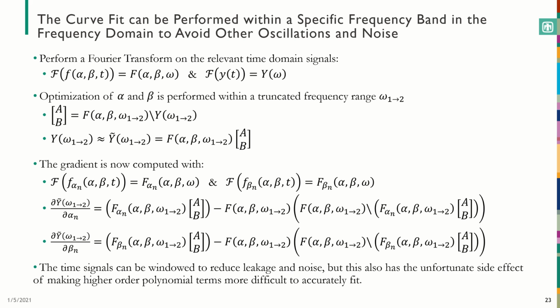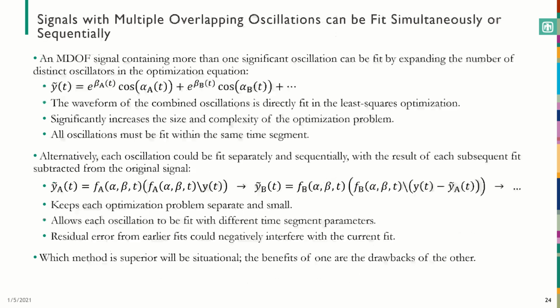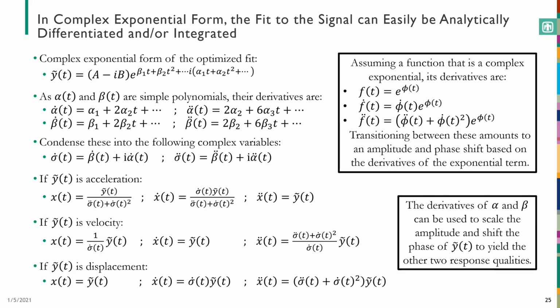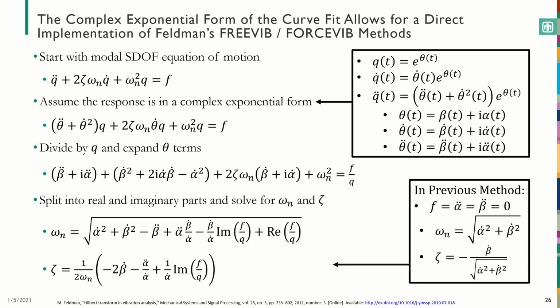This is a bit about converting everything to the frequency domain. These are just some points about fitting multiple oscillations. This goes over integrating and differentiating the fit oscillation. And finally, this is a derivation for Feldman's free vibe and force vibe methods in terms of the notation that I've used throughout here.